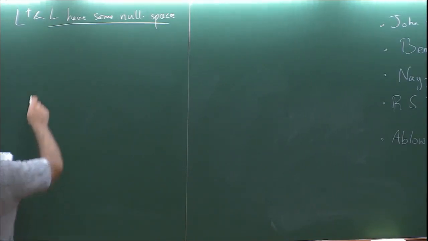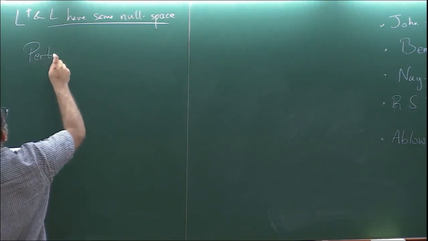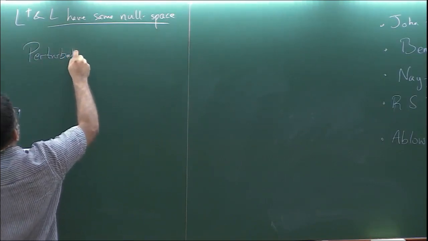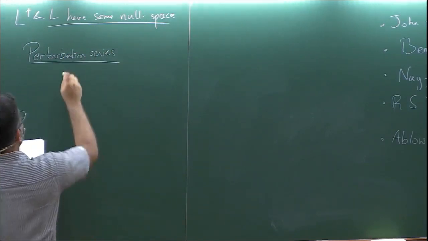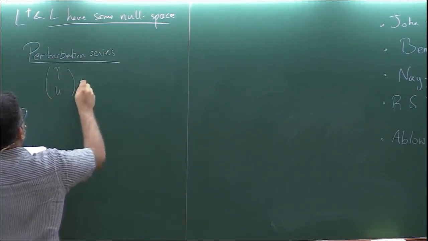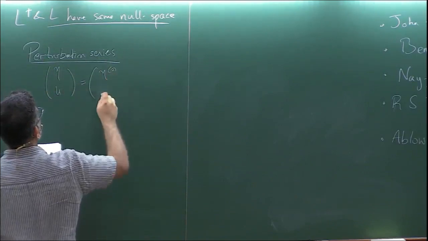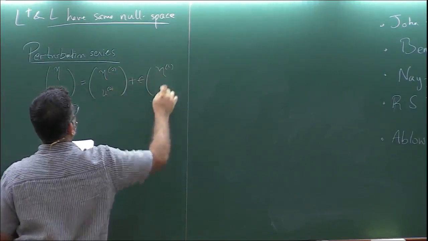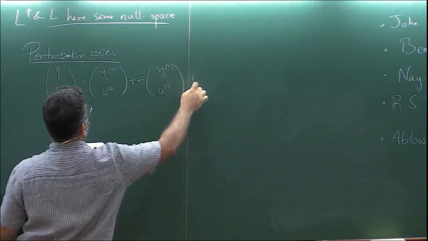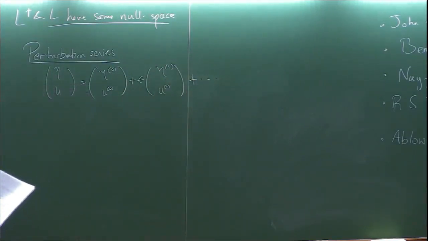Okay, so we begin the perturbation series. Eta u, eta naught u naught, plus epsilon eta 1 u1. And the fact that I wrote plus dot dot dot means I only have to do one Fredholm alternative today. I don't have to do two, okay, to get an interesting result.